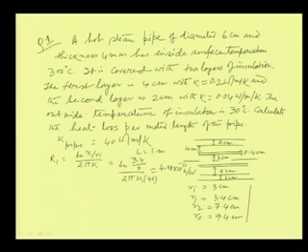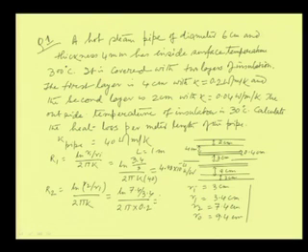Okay. Similarly, R 2 will be ln R 2 by R 1 by twice pi k, and this is equal to ln 7.4 by 3.4 divided by 2 pi into 0.2, and this value is 0.62 Kelvin per watt.